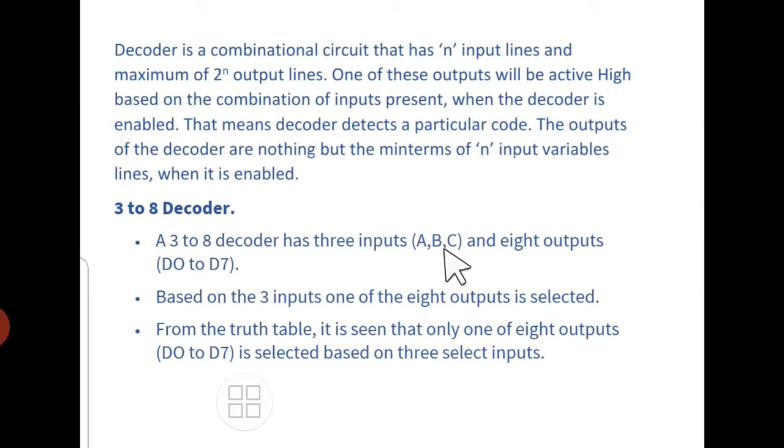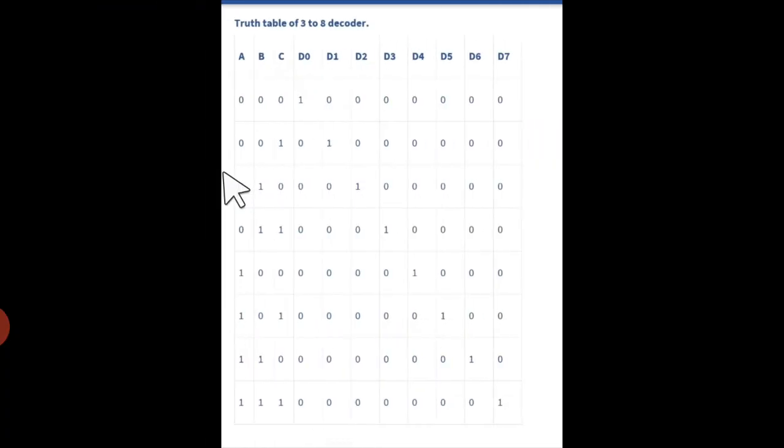Now I'm getting back to the detail again. It is written here, the outputs of the decoder are nothing but the min terms of the n input variable lines when it is enabled. So what is a min term? A min term is a logical product of the given input variables. So the input variables are A, B, C. Second thing, the complement of a variable is taken when the variable has the value 0.